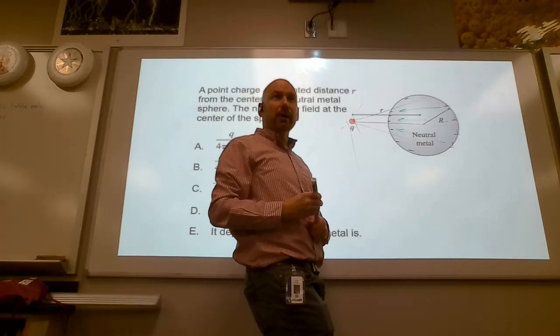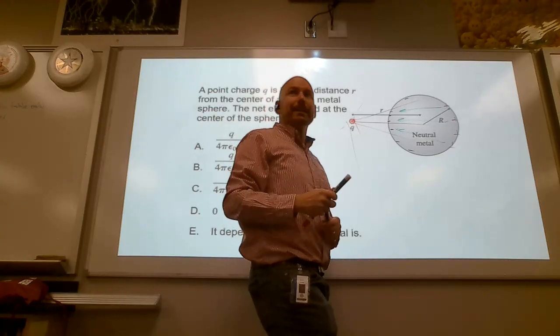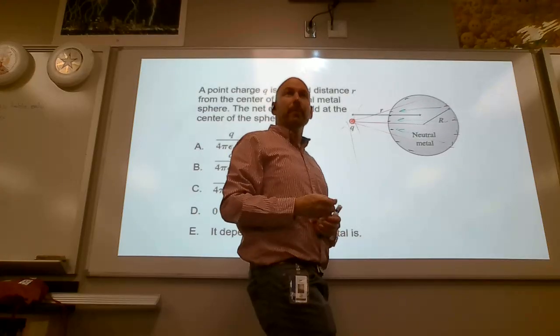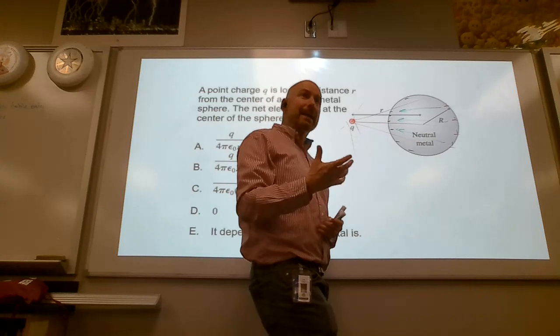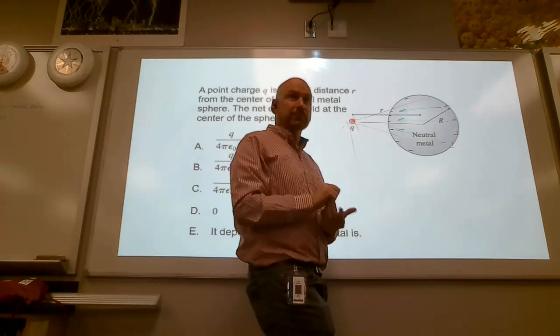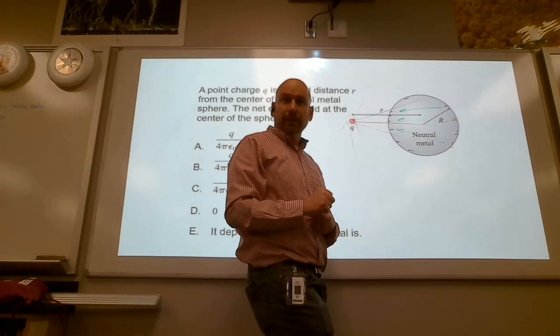When we do Gauss's law, it is the net electric field. There might be multiple electric fields present, but the net electric field would be 0. You all right with that?